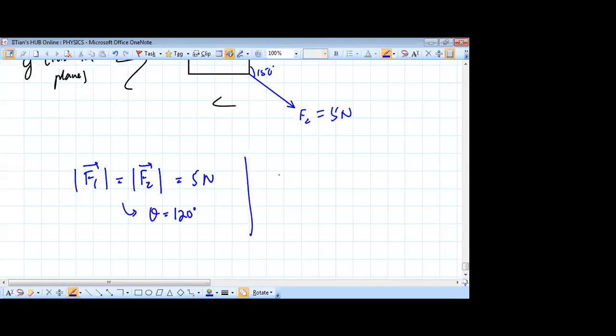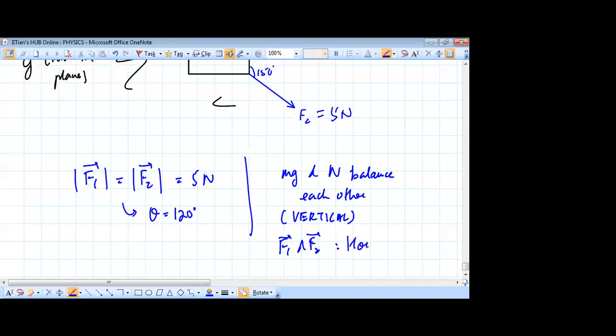Okay. And we can see that again, mg and normal reaction balance each other. Okay. They are vertical forces. Okay. And F1 and F2 are horizontal forces. They are in the horizontal plane. Okay.